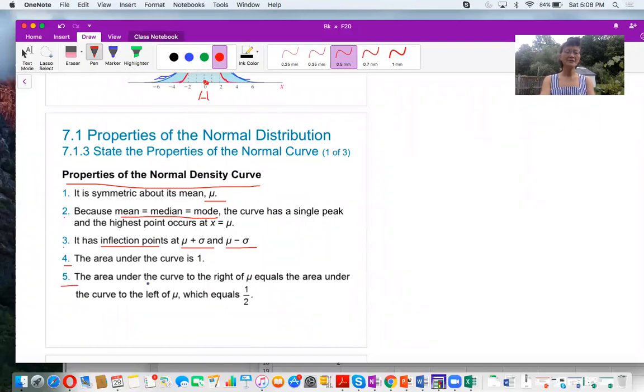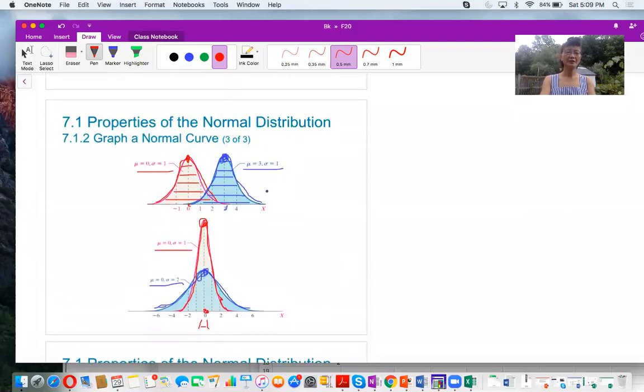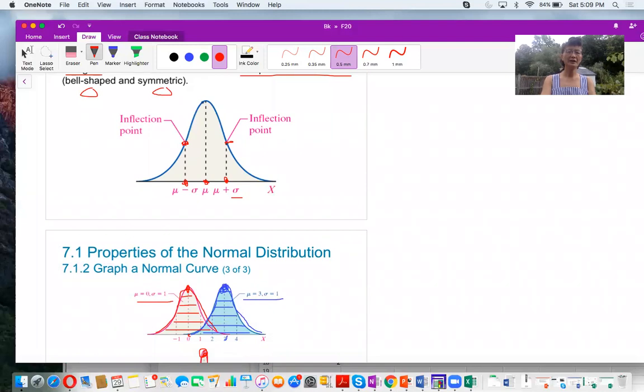Number 5, the area under the curve to the right of mu equals the area to the left of mu, which is 0.5 or 1/2. So this area to the left of mu equals 0.5, and this area to the right of mu also equals 0.5.